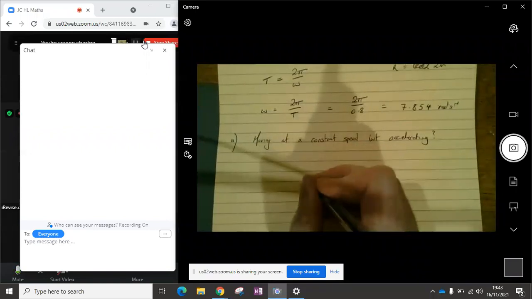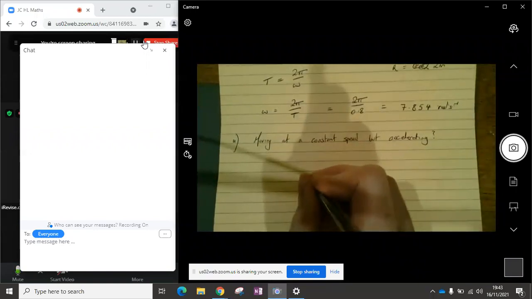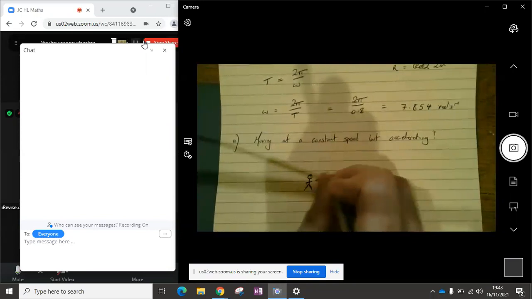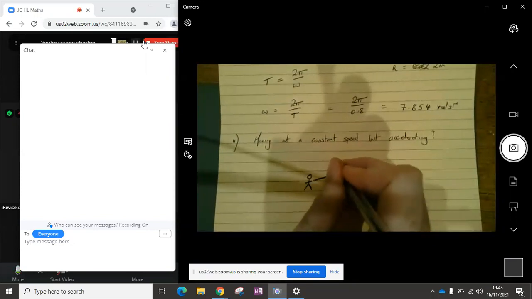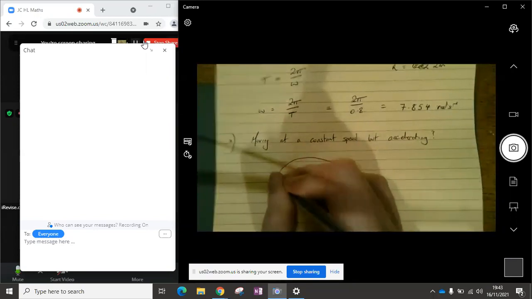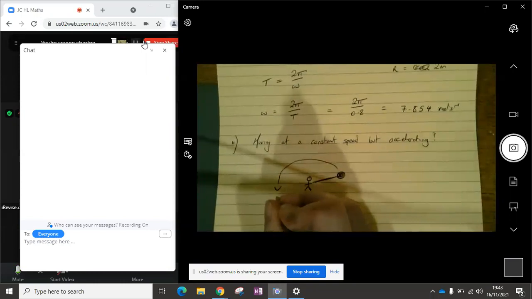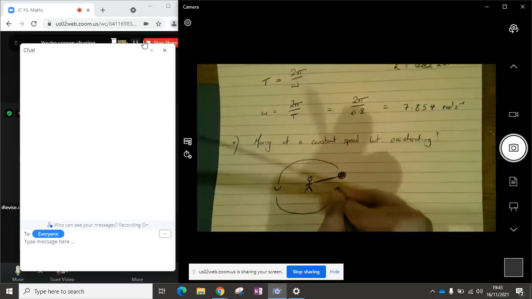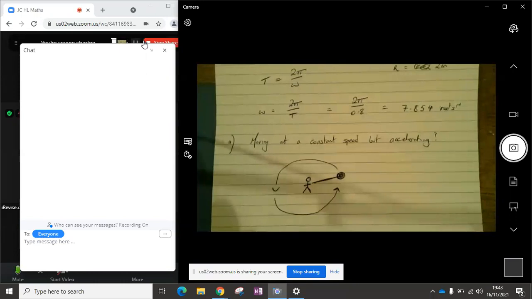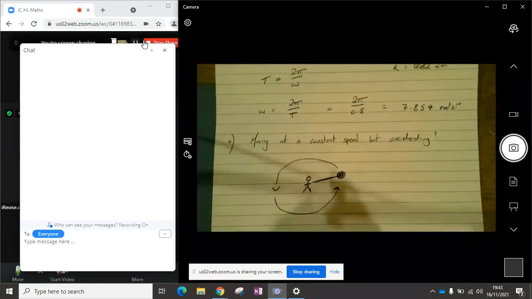Well, if this is our guy, he has a hammer in the Olympics, hammer throw, a big heavyweight at the end of a wire, and he's spinning it around in a circle like this.